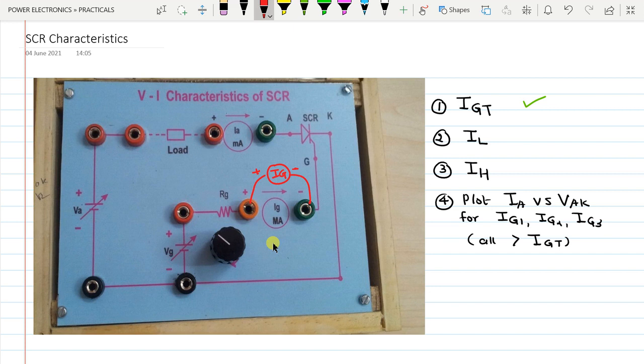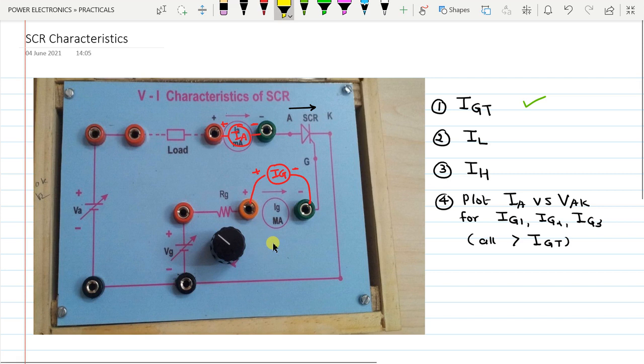The latching current and holding current are two critical values of the anode current, and anode current flows from anode to cathode, that is in this direction as shown. That is why we have one ammeter connected here, which will measure Ia, plus and minus.